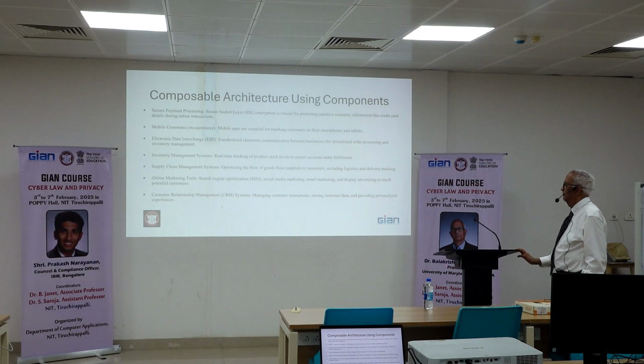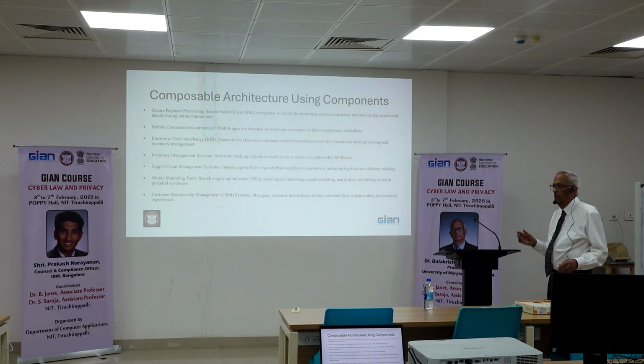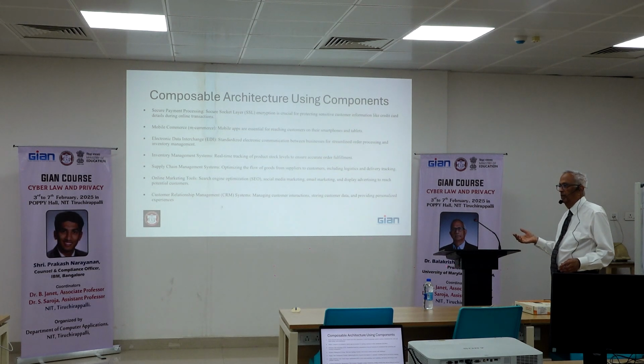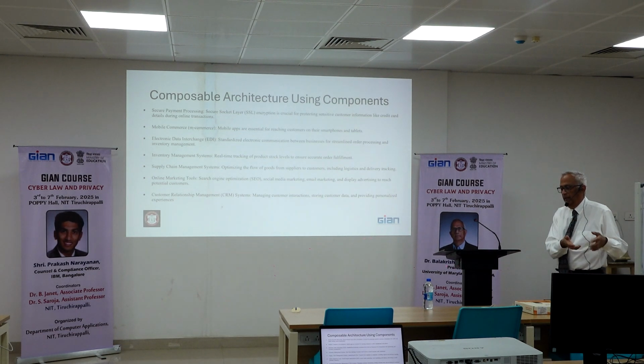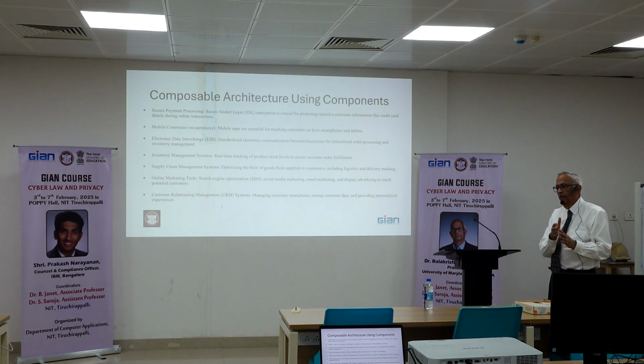And then the supply chain management system. In other words, if you have inventory, sometimes there may be actually a storage where we have it, then you have to order from the supplier. If you're selling shirts, you have a system that talks to various people who make shirts.